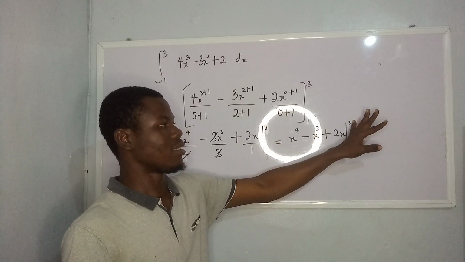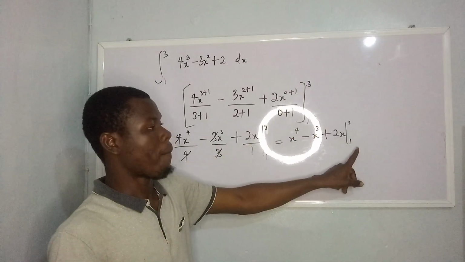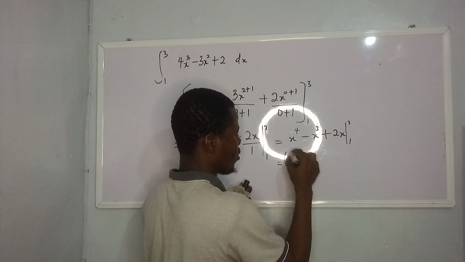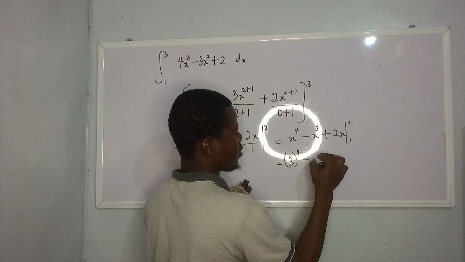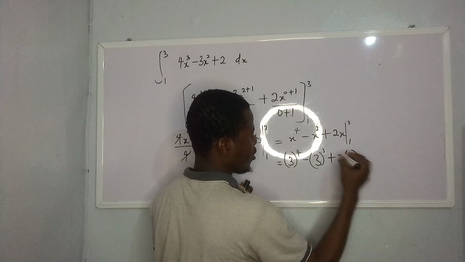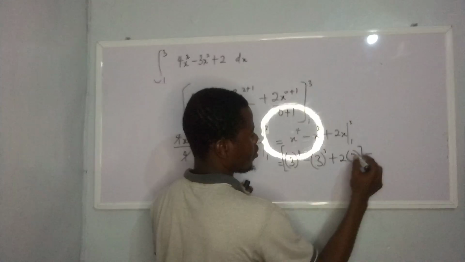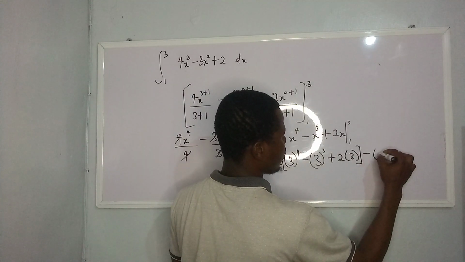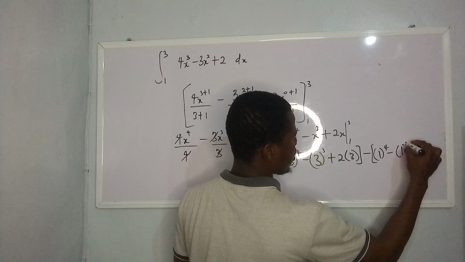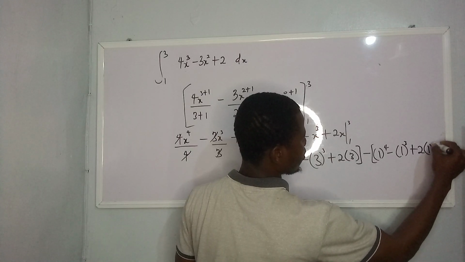So now subtract: the one with 3 as its upper boundary minus the lower boundary. In that case, we're going to have 3 raised to power 4 minus 3 raised to power 3 plus 2 into bracket 3, minus whatever we have for 1, which is 1 raised to power 4 minus 1 raised to power 3 plus 2 into bracket 1.